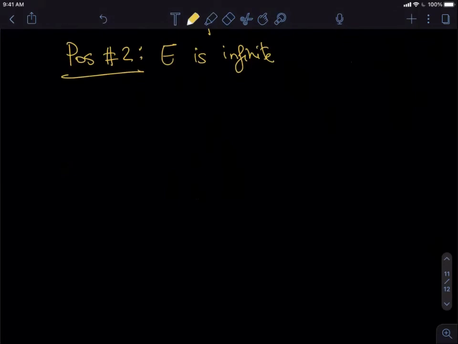Because E is an infinite set, we saw that an infinite set must have a limit point. It has a limit point P in X. This is the fact that E is an infinite set.